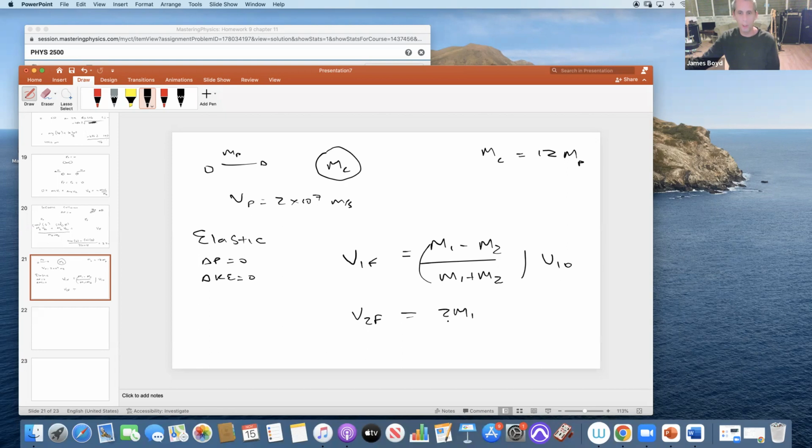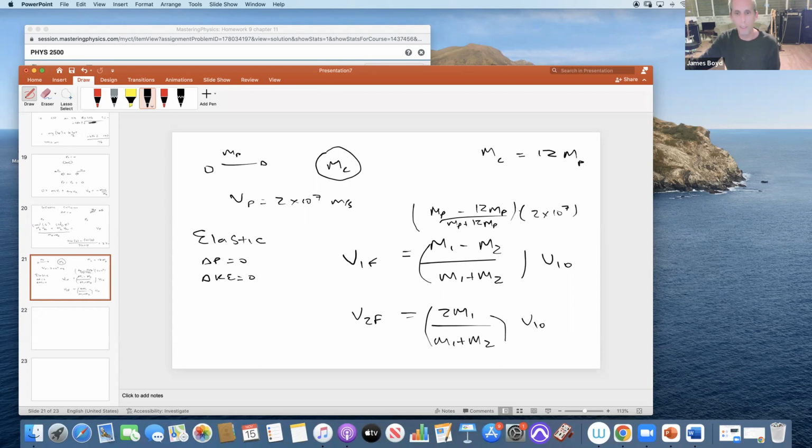And this is 2M1 over (M1 plus M2), V1 initial. Now, in this case, we're asked for the proton. So mass 1 is the mass of the proton minus 12 MP, over the mass of the proton plus 12 MP, times 2 times 10 to the 7th.